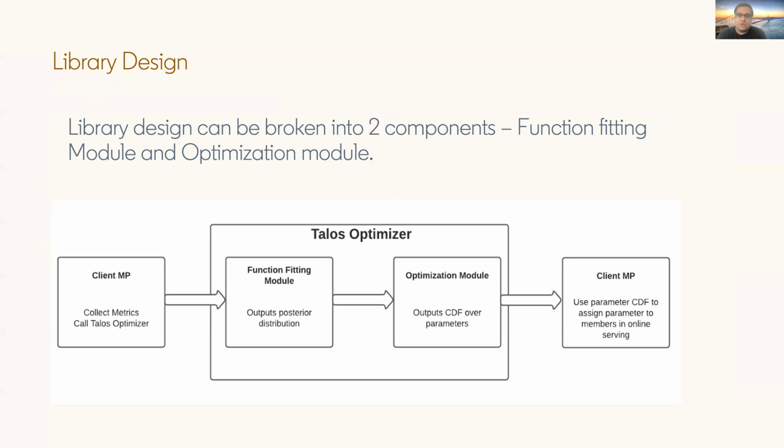The optimization module currently uses Thompson sampling, but we could use another algorithm over here like expected improvement or QEI. And the output of this whole thing is a probability density, which is used by the client flows.